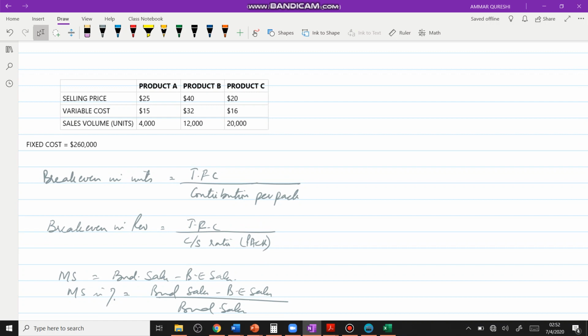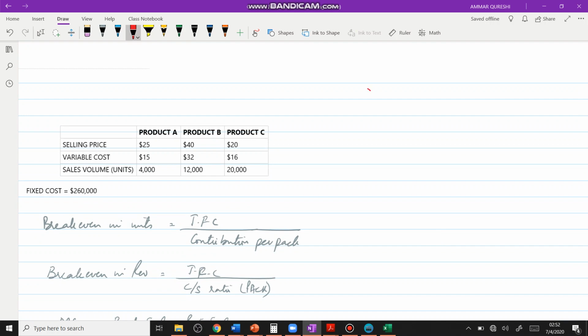For example, if a company is selling two products, X and Y, and the sales volume of X is 13,000 units and of Y is expected to be 20,000, then we have to assume, okay, let's make it simple a little bit. Suppose 10,000 units of X and 20,000 units of Y. So we have to simplify this ratio first, right? We have to assume that products X and Y will be sold in the ratio of 1 is to 2.